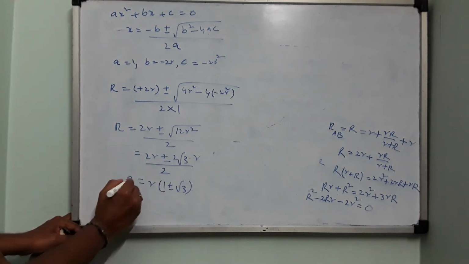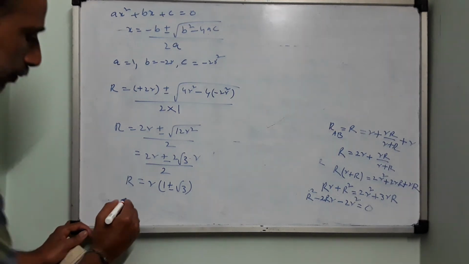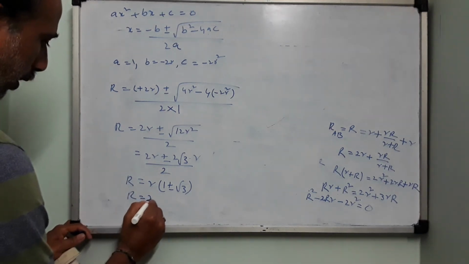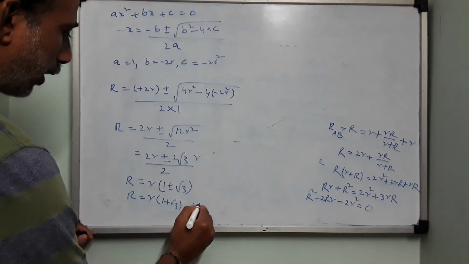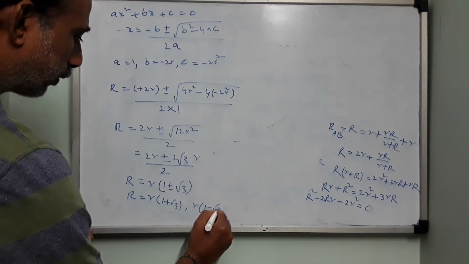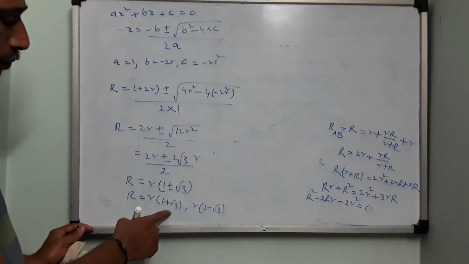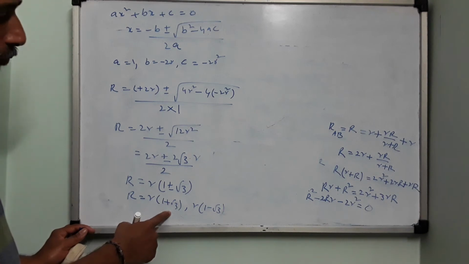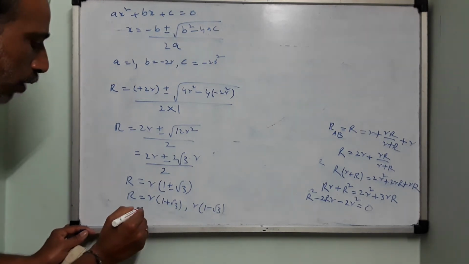So this is R. Now we will find two solutions. Either it can be R into 1 plus root 3 or R into 1 minus root 3. Root 3 is 1.732. 1 plus 1.732 is 2.732, so this will become 2.732R.